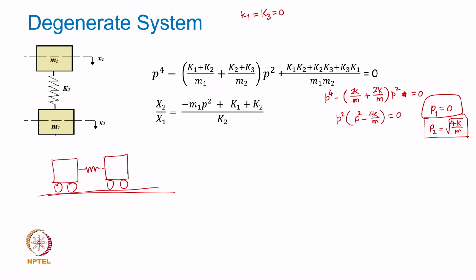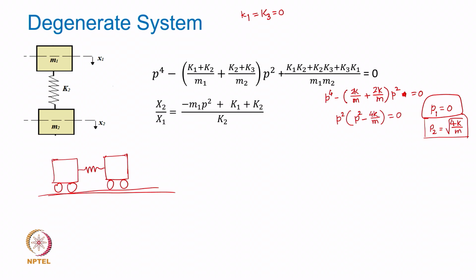This is maybe the drive coach and the other is just a trailing coach. You can also connect more coaches, but just for the sake of discussion here, you can imagine that these are two masses connected by a coupler which is a spring.